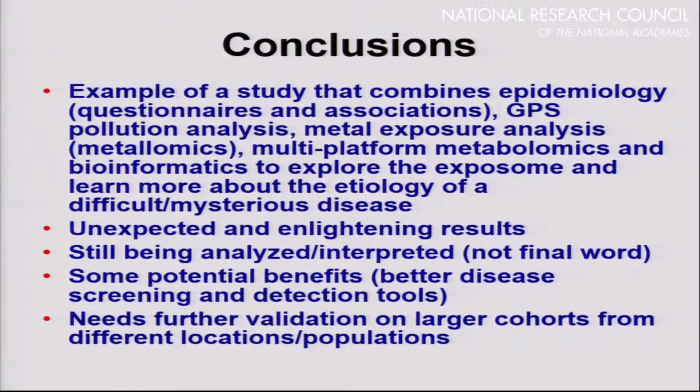And then we've shown how multi-platform metabolomics and bioinformatics and literature associations and understanding the origins of metabolites, which I think is also very important, to learn more about the etiology of this sort of mysterious disease. There's certainly some unexpected results. We never expected the metal stuff to reveal anything. The microbial one was kind of nice to see, but again, we wouldn't have known. This is not published. We're doing some validation work now.